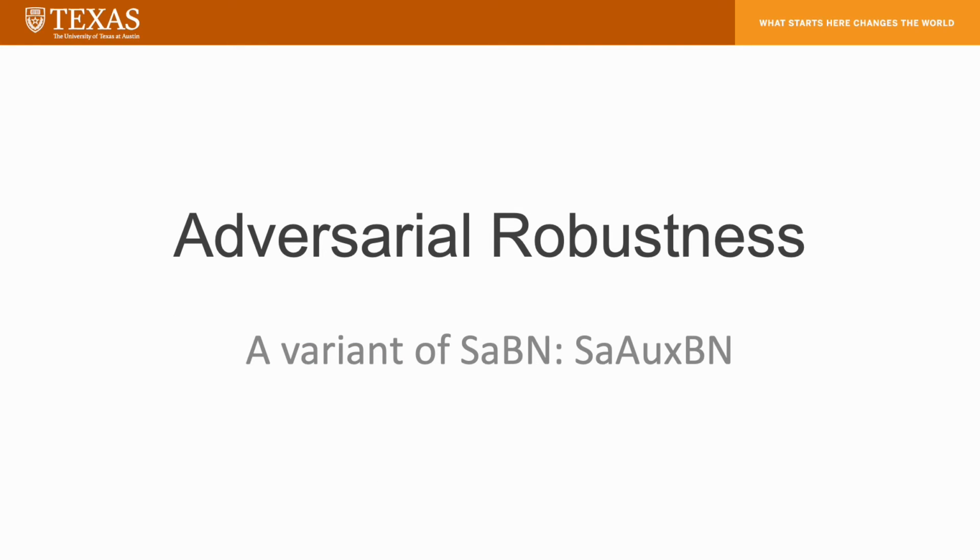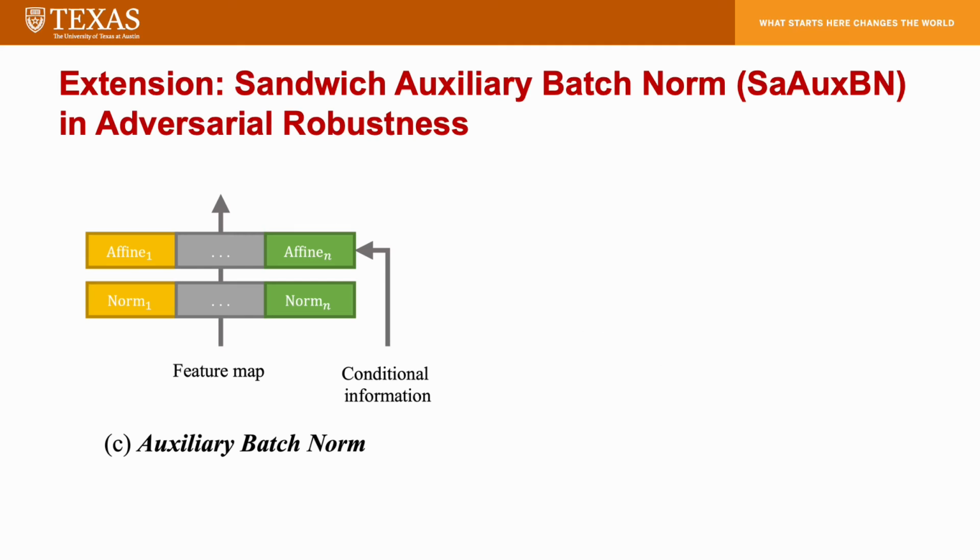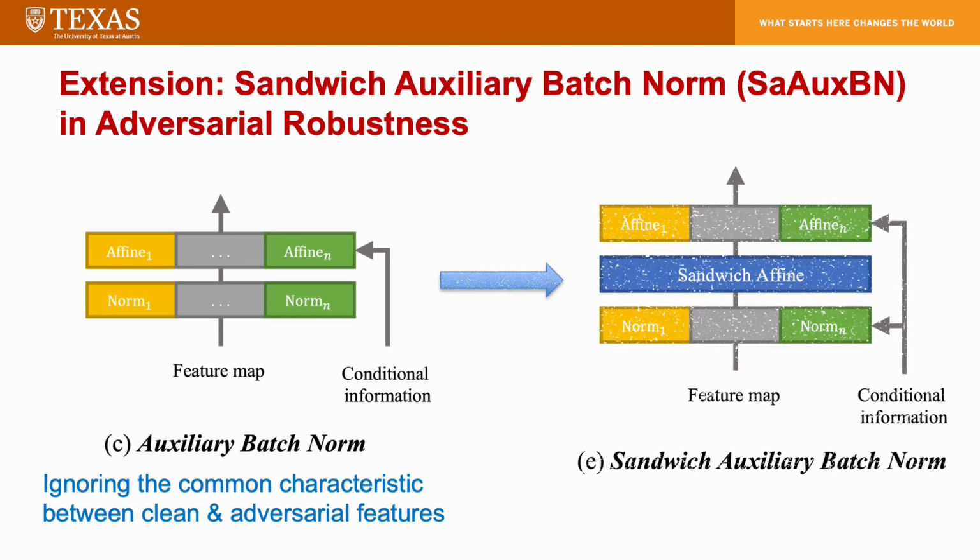And then we investigate the effect of SaBN on the adversarial robustness task. For this task, we present a new variant, sandwich auxiliary batch normalization, which has independent normalization layers as well, modified from the previous successful normalization module, auxiliary batch normalization, designed for adversarial robustness.